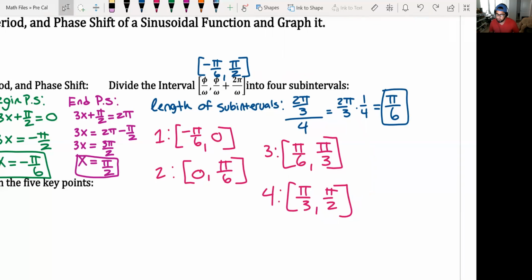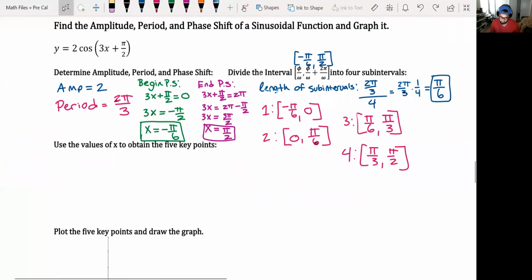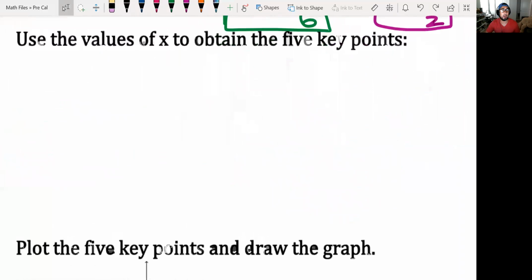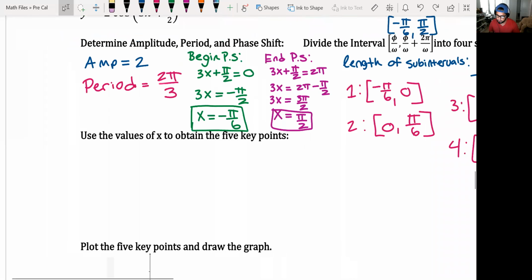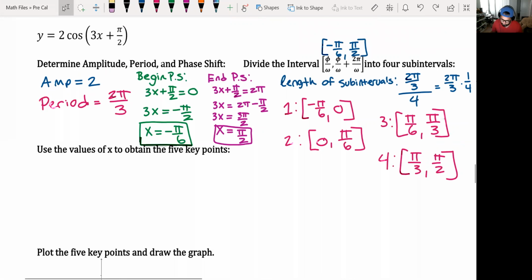Okay. You now have your 5 key points, which means let's plug them all in. So now we take all our key points we just found and plug them into the function above.